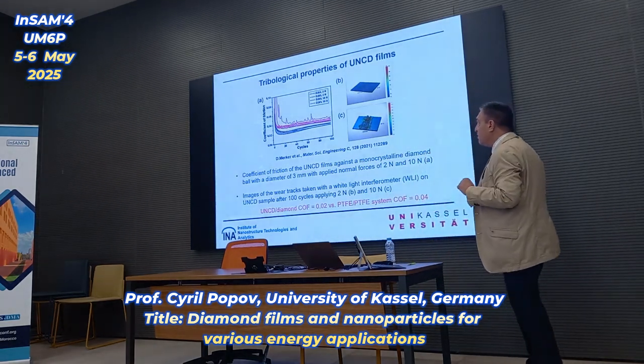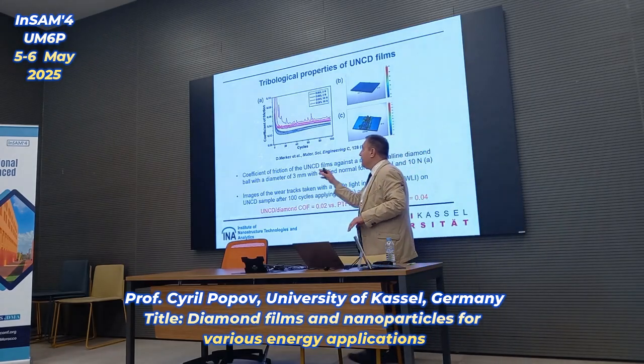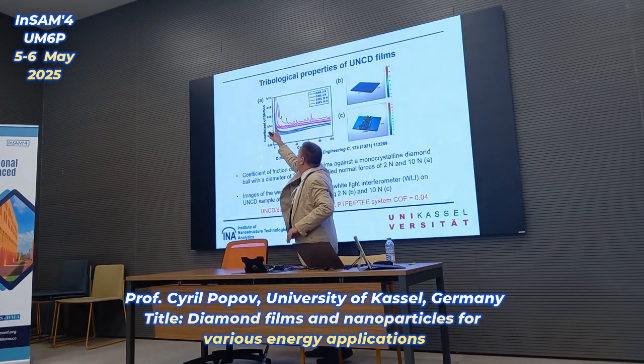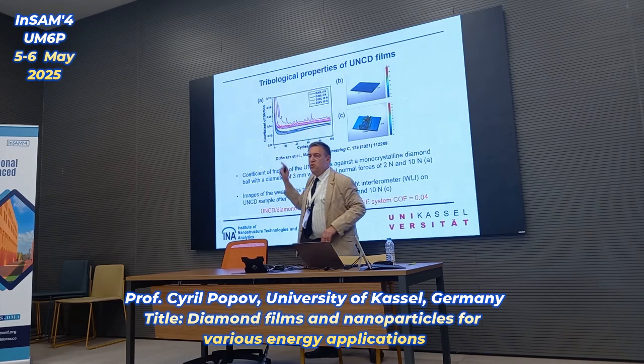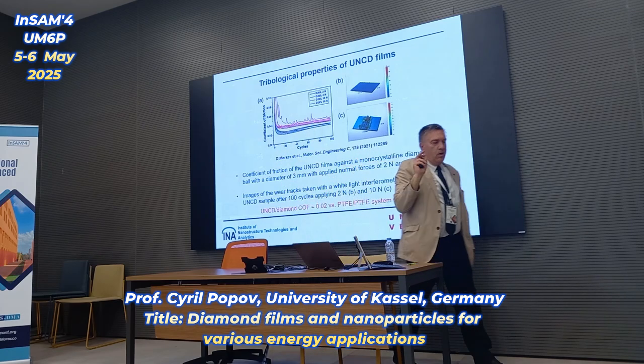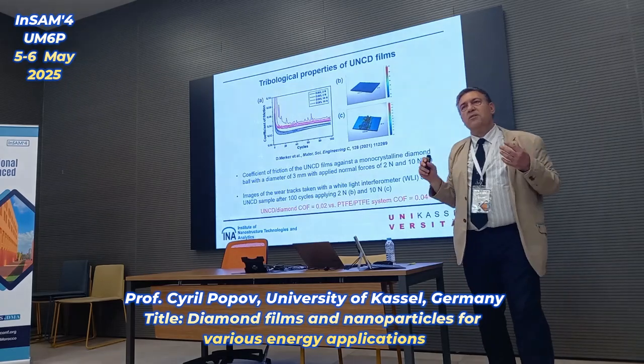But what is more important, the recording of the coefficient of friction. You see, these are 2 different samples. With 2 newtons, we obtain about 0.02. Probably you don't have the numbers in mind.